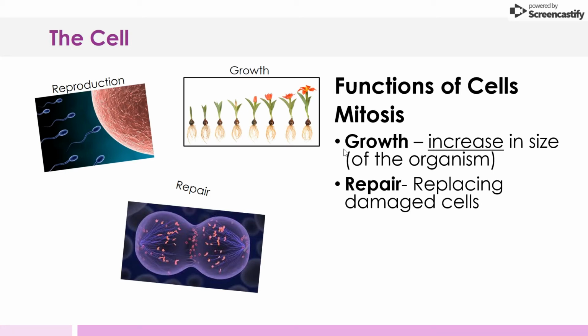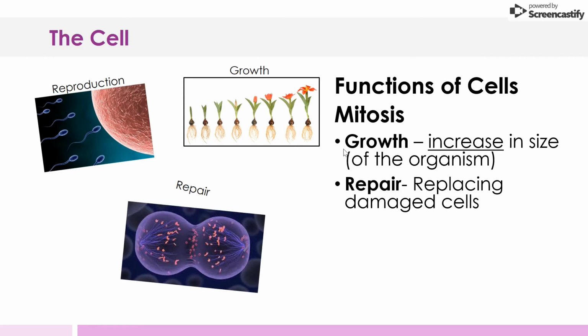Mitosis also helps you repair damaged cells. So let's say that you are riding your skateboard and you fall off and you scrape up your knees pretty bad. Now, are your knees just doomed to always be scraped up, bloody and scabbed?